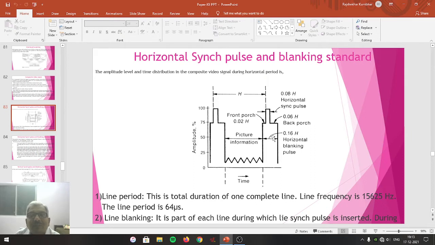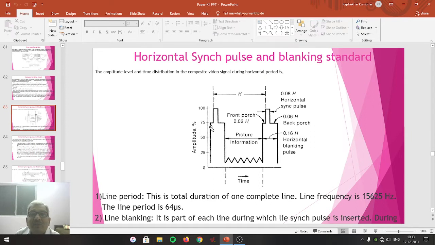Friends, the picture information is going to be present between black and white. So this is the 75% black level. Above that it is the 100% black level. Above that there is the blacker than black level.